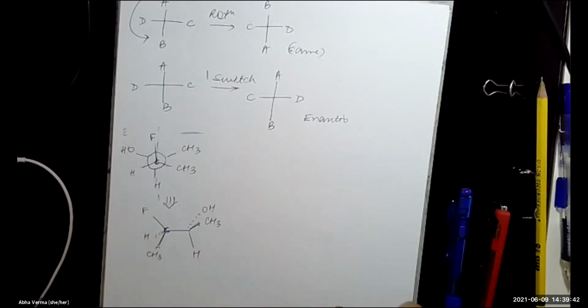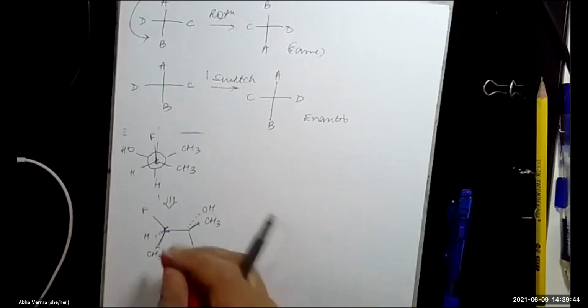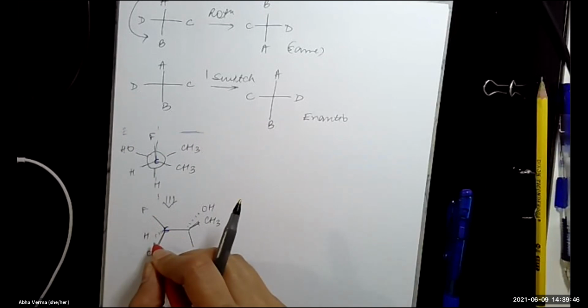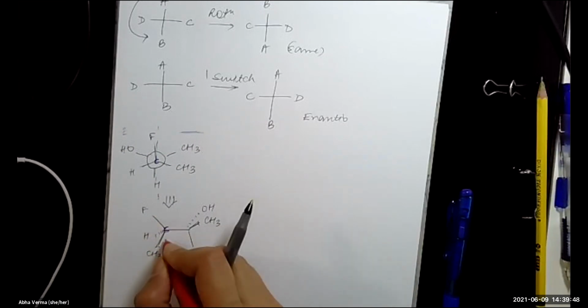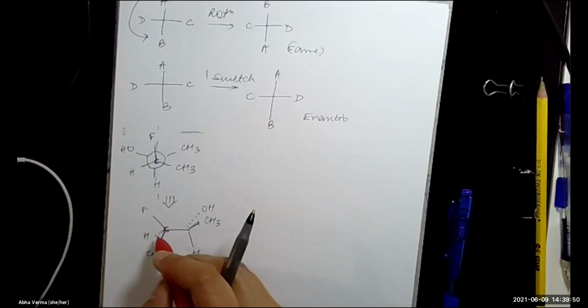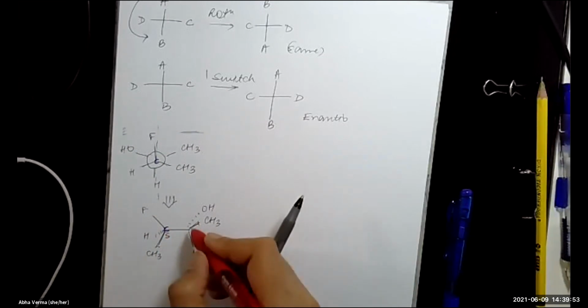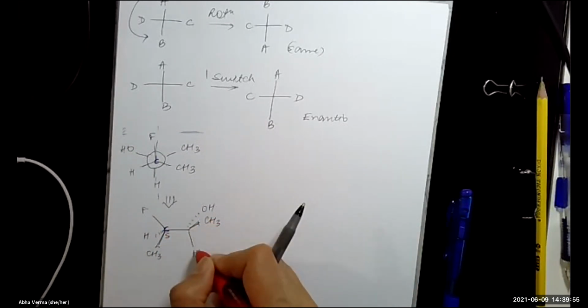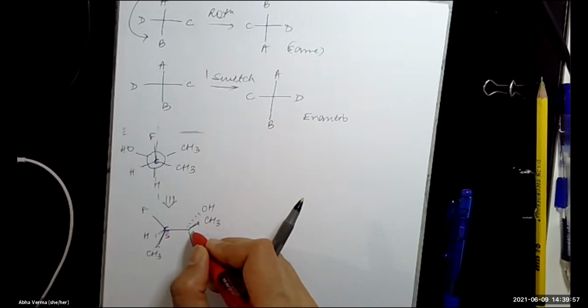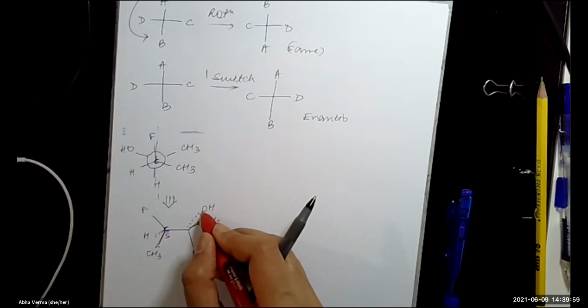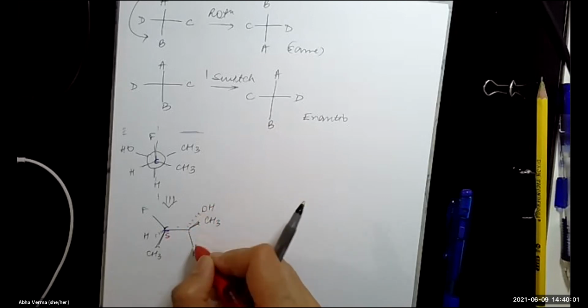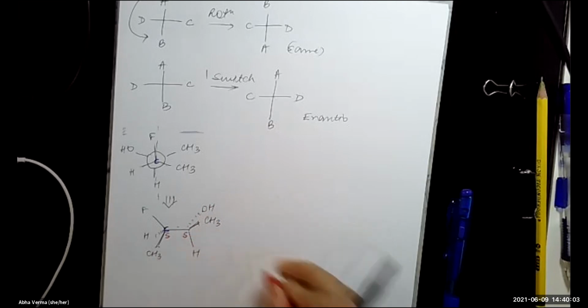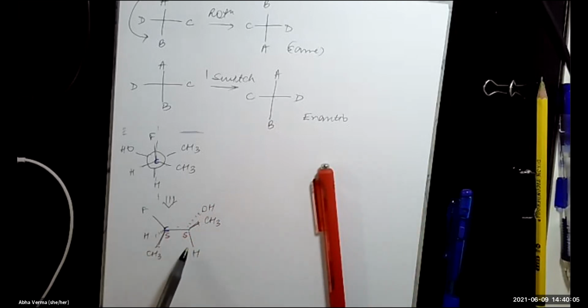So I can see this much better and I can assign them. This will be 1, 2, 3, S. And this will be 1, 2, 3, and 4, S. So I can see this better than I see that.